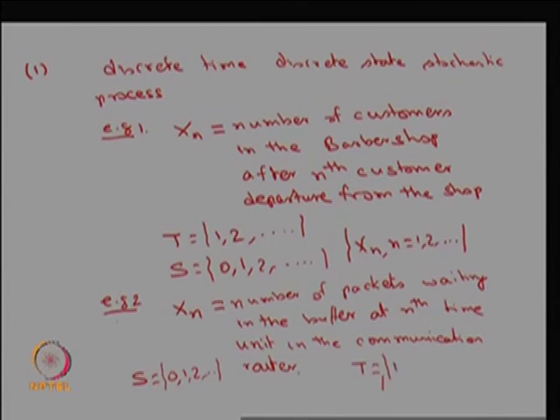Therefore, the time unit could be a first time unit or second time unit and so on. Therefore, here the S is going to be discrete as well as the T is going to be discrete. Therefore, this collection of random variables X suffix n for possible values of n is going to form a discrete time, discrete state stochastic process, because both the values are of a discrete type.